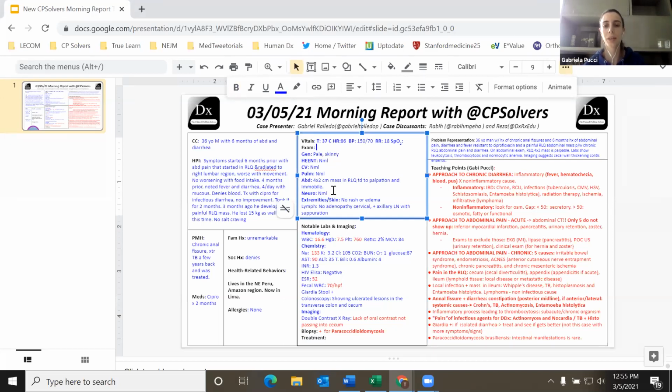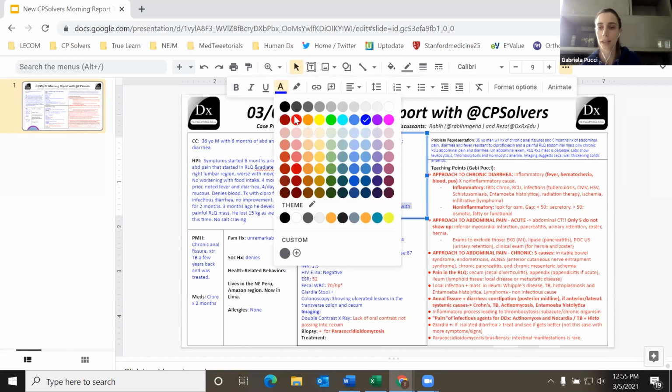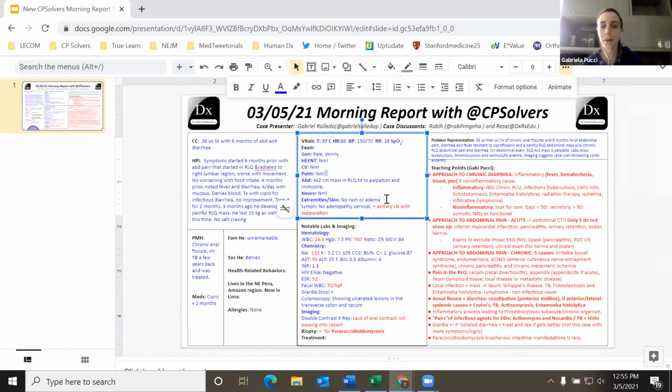When we put together anal fissure and diarrhea, the first cause is going to be constipation, especially if it's in the posterior midline. But if it's in more atypical locations, like anterior or lateral, we have to think about systemic causes. The most important are Crohn's, TB, actinomycosis, and amoeba histolytica.